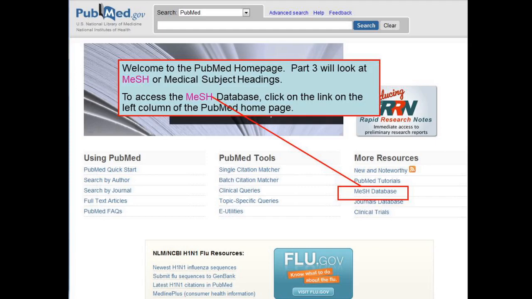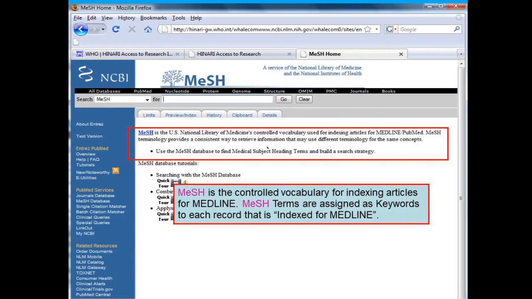Now we are going to see the practical aspects. Go to Google and type PubMed, and you will come to this particular home page. In PubMed, when you scroll down, you will find this MeSH database, which is highlighted here. Just click it and it will take you to this page. It gives a brief definition of what MeSH is about. I told you it is a predefined list of controlled vocabulary for indexing articles on Medline.